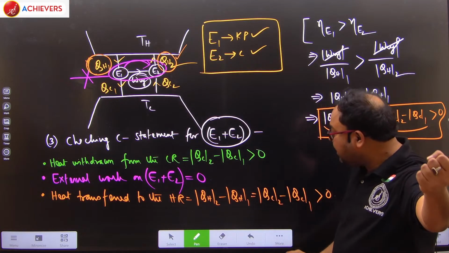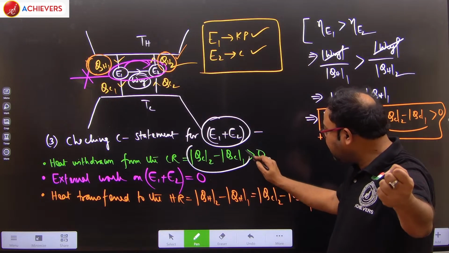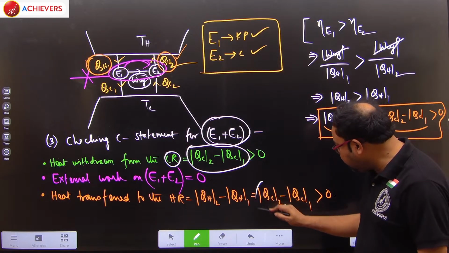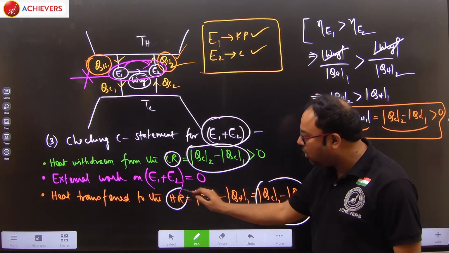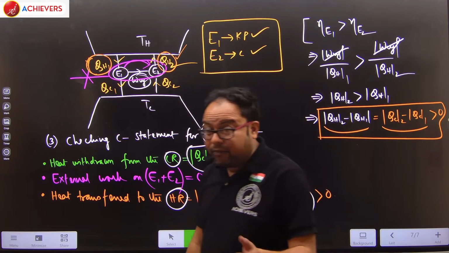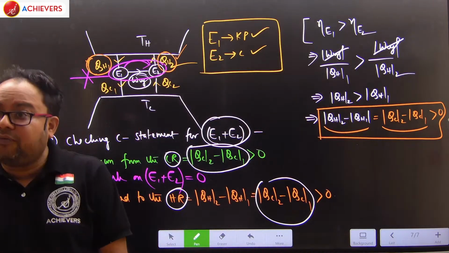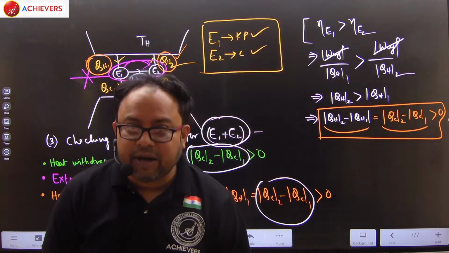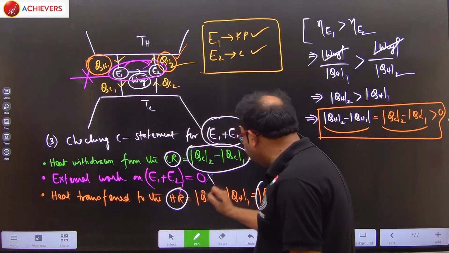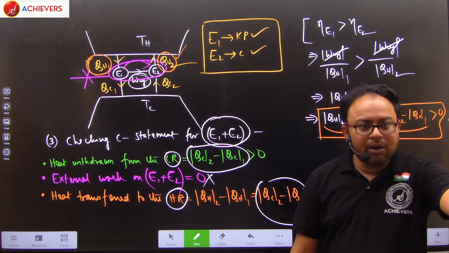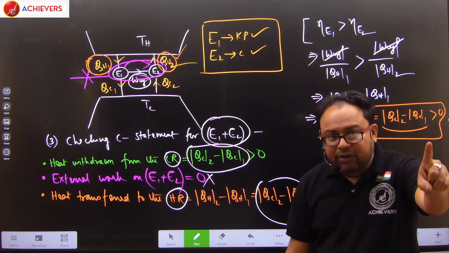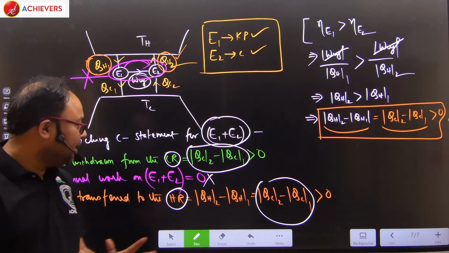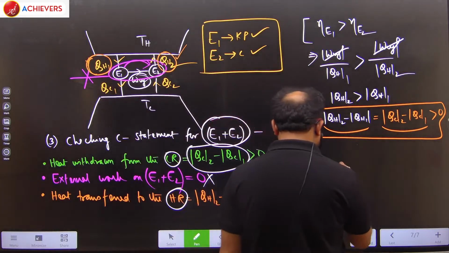It is withdrawing QC2 minus QC1 amount of heat from the cold reservoir, and it is also transferring QC2 minus QC1 heat to the hot reservoir. So it is withdrawing an amount of heat from the cold reservoir, and it is transferring the same amount of heat to the hot reservoir, and it is not being supported by any external agency. So E1 plus E2 is violating C.